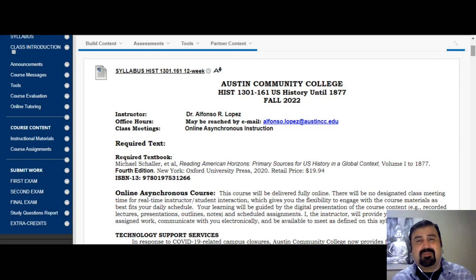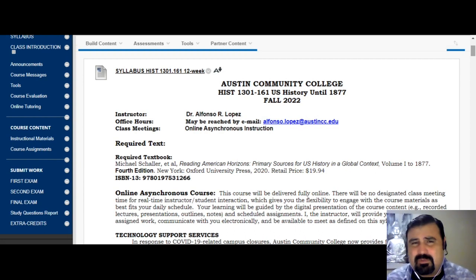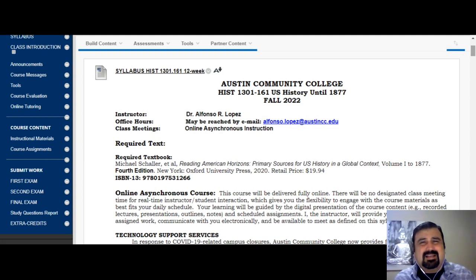So let's go over now every section of the syllabus. We're not going to cover everything because it's about 16 pages. So the last 7 or 8 pages are just policies and regulations. We're not going to go over that. I mean, this is just for you to identify, for example, where to go if you have technical problems related to Blackboard, for tech support, for example, stuff like that.